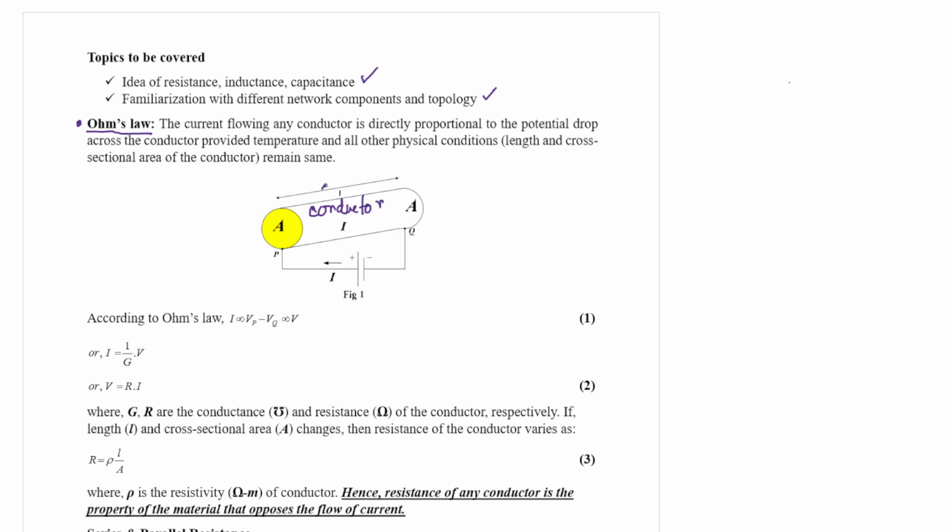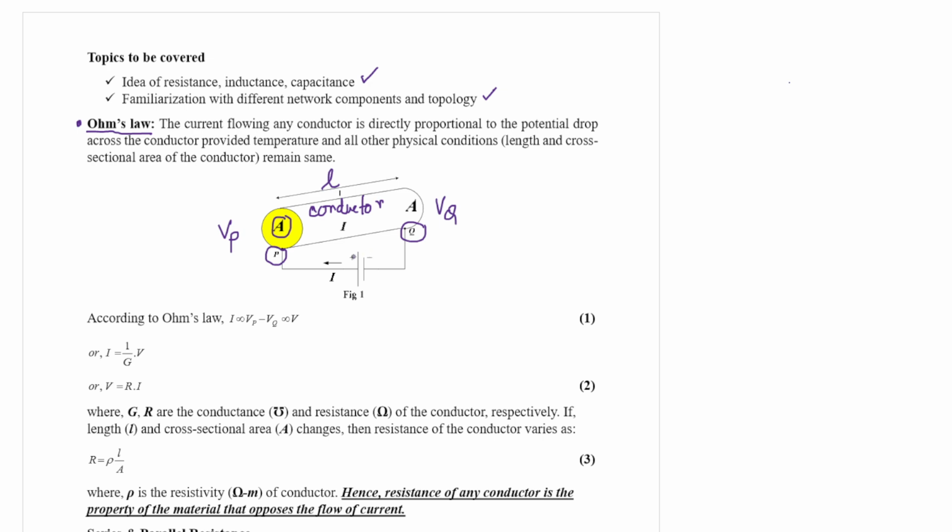It has some physical length L and the area of cross section is A. Now, if we connect a battery or any energy source across its terminal, let us say we have two terminals, one terminal is P, another one is Q. Now, potential at P is Vp and potential at Q, let us say it is Vq.